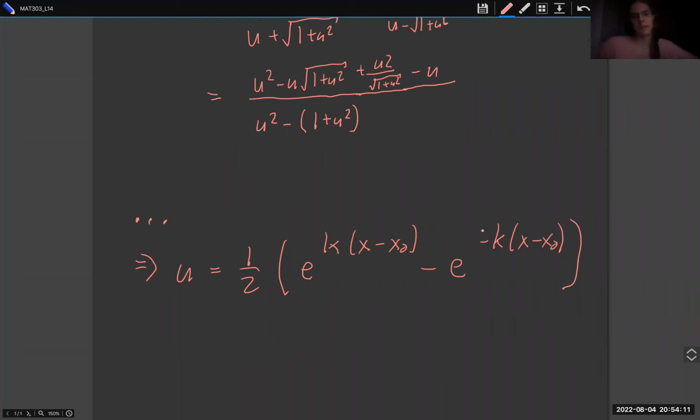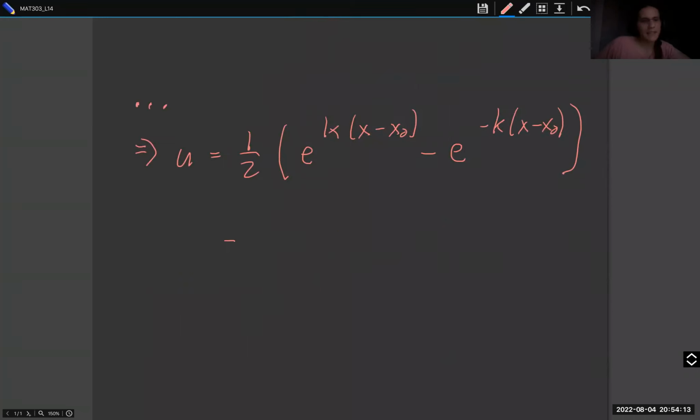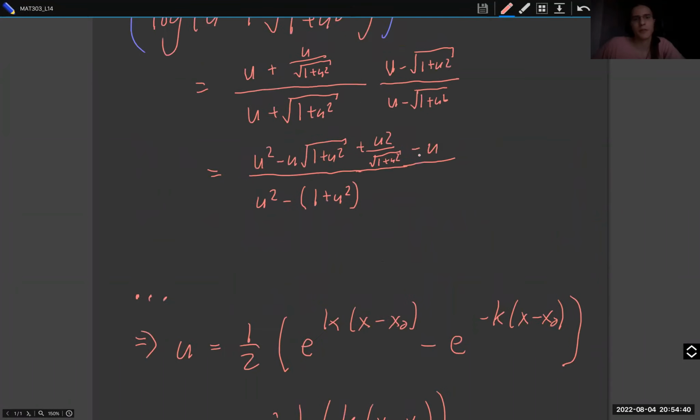There are actually some tricky manipulations here. And this can also be known as the hyperbolic sine of k(x minus x naught). And that's the equation of a floating thing. Then you could do some analysis on it, and figure out what h is, because you can work backwards through some stuff.